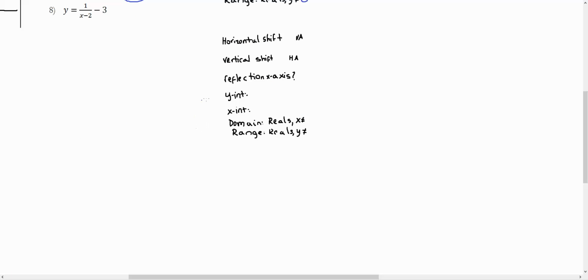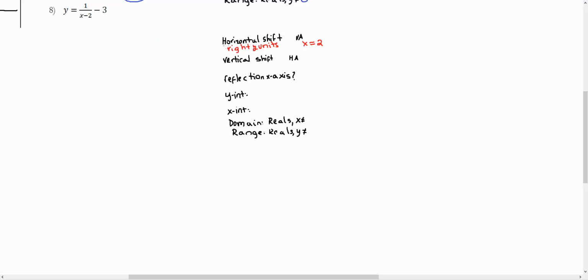Let's see, number 8. Now, the first question you need to ask yourself is, do I have a horizontal shift? And here it says -2. That means that we went to the right 2 units. X equals +2. Vertical shift, yes, we have a -3.